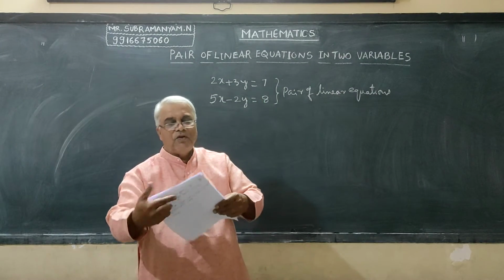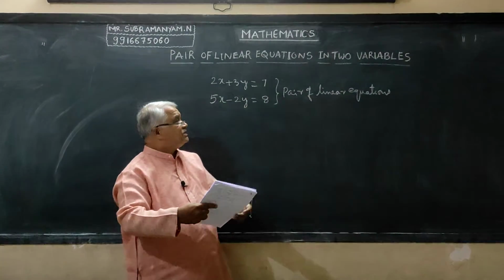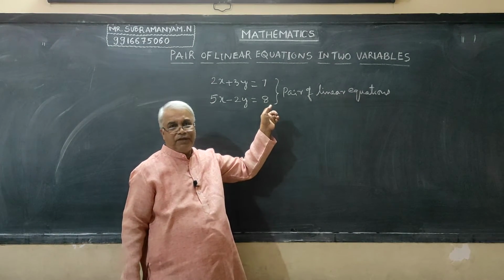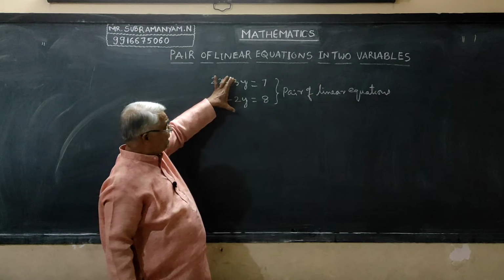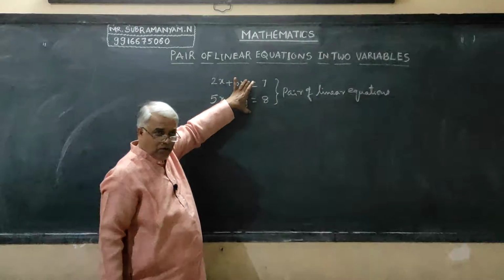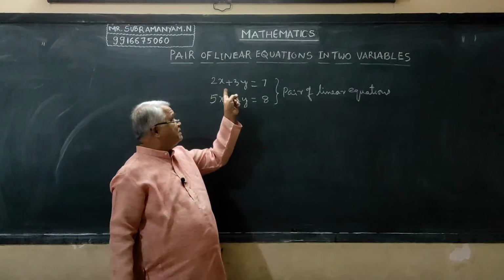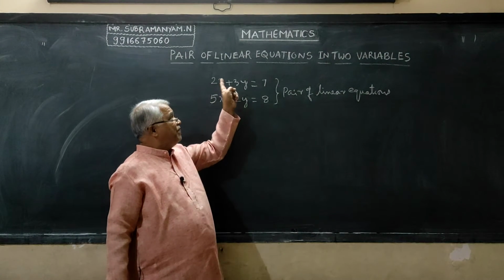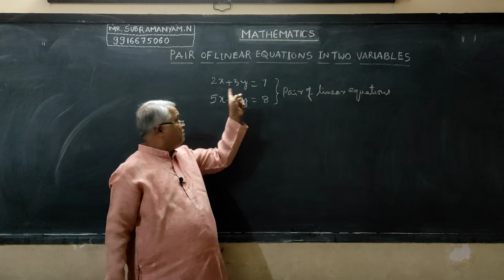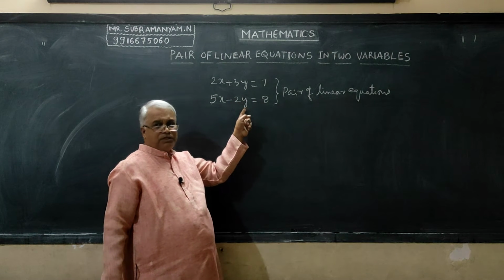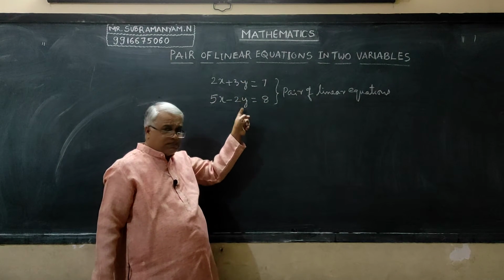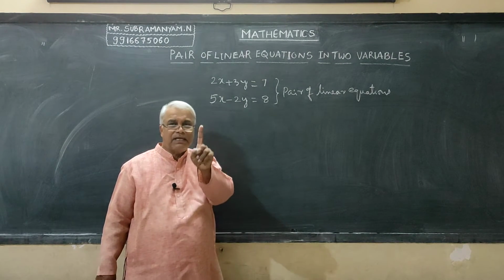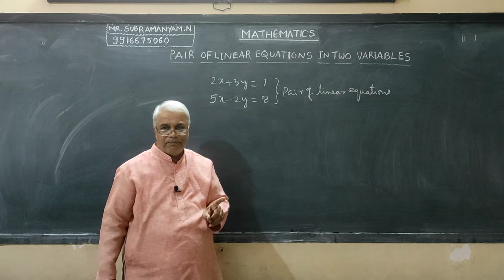Then after that, we are going to study the solution, that is, solving this pair of linear equations. When you solve this linear equation, you will get two values because there are two variables. x is one variable, y is one variable. When you solve this, you get one value for x and one value for y.